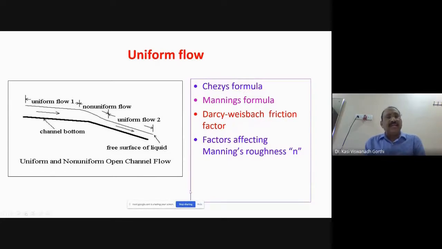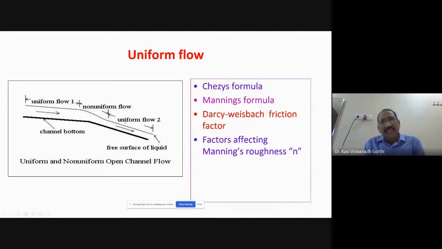Just look at this figure. This is the channel bottom, and you have the uniform flow here, where at different points or at different sections along the length of this uniform flow portion, the depth of flow is constant. Followed by, there is a steep slope in the longitudinal slope of the channel, which may be resulting in a non-uniform flow.